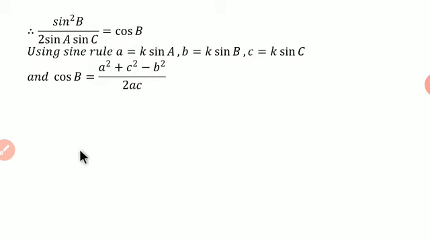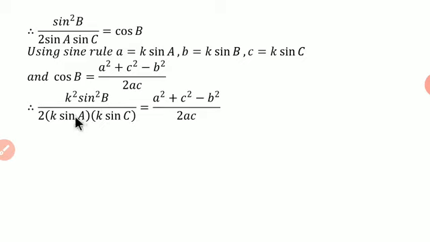So we rewrite this as k square sin square B upon 2 into k sin A into k sin C is equal to a square plus c square minus b square upon 2ac. Now the value of k sin B is b, so in the numerator we get b square upon 2ac is equal to a square plus c square minus b square upon 2ac.